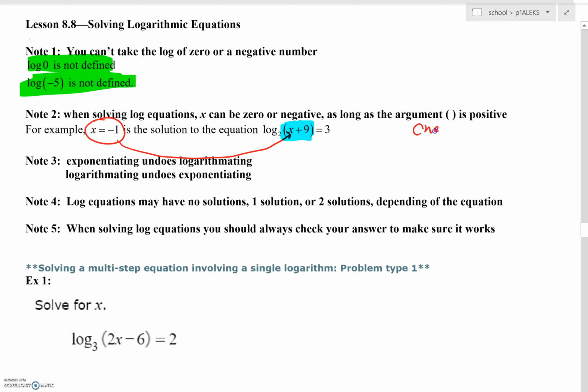If x were to equal negative 1, this x plus 9, the negative 1 plus 9, if you plug that in, is just going to be an 8. That's going to be okay. So answers for x can be positive, negative. They can be fractions or decimals. What definitely must happen, though, is the inside has to be positive when you plug that x value in.